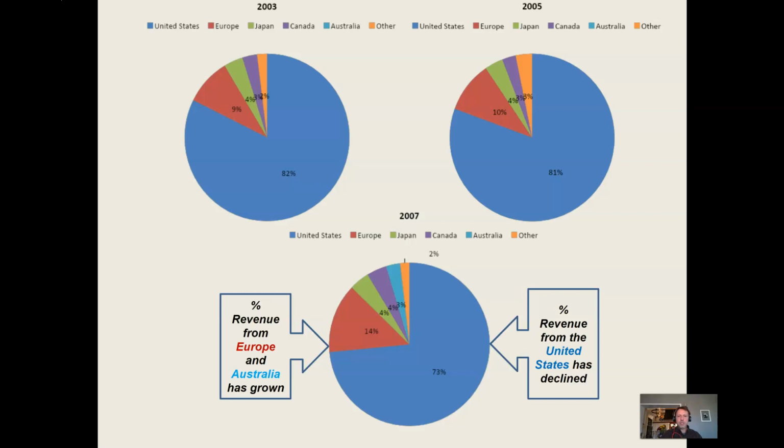When you get into just their revenue growth, it's helpful to know where it comes from. And so you can see that the revenue is primarily from the United States for the company. They're primarily a US company, but Europe's an important market for them. Japan's an important market for them. Canada is an important market for them, and Australia.